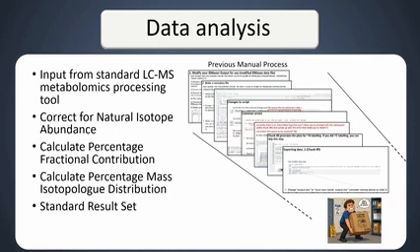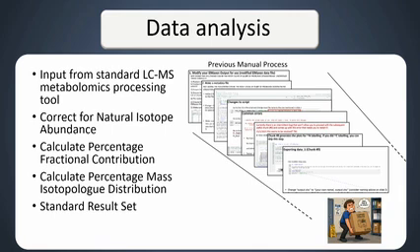Traditionally, when we were doing this before putting together this pipeline, it was a huge multi-step process. We first had to take our input from our standard LCMS metabolomics processing tool, so your picking and integration tool.